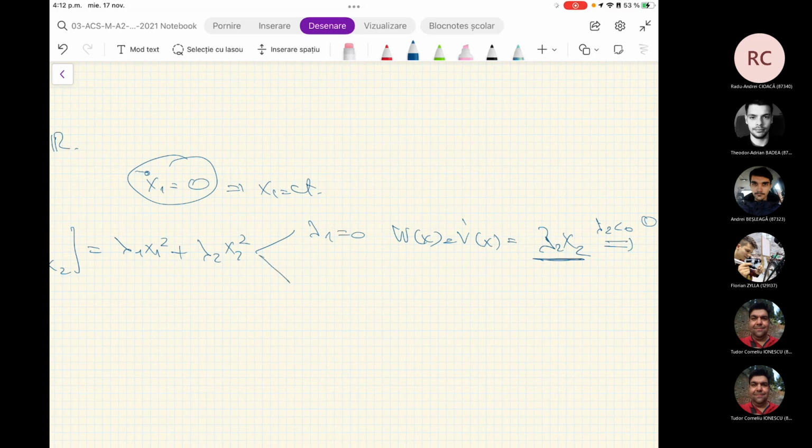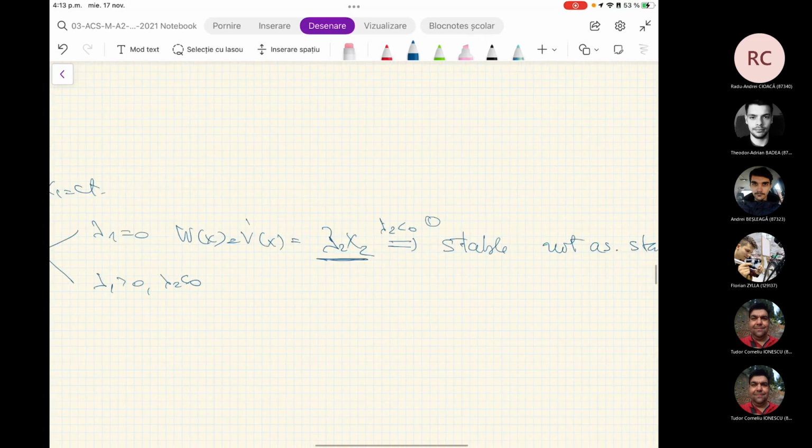Now assume that both eigenvalues are different from 0, are non-zero. Lambda 1 positive, lambda 2 negative, say, you get what? Then Wx has no sign. It's not necessarily positive.